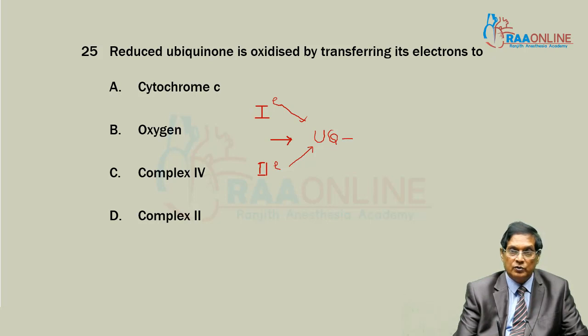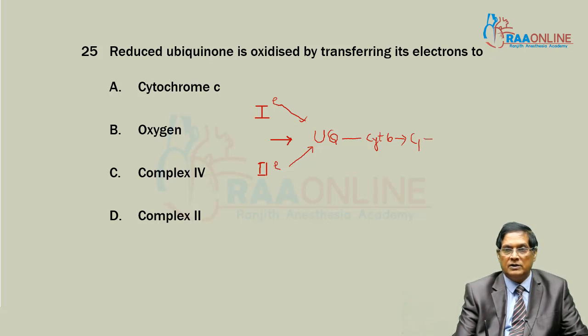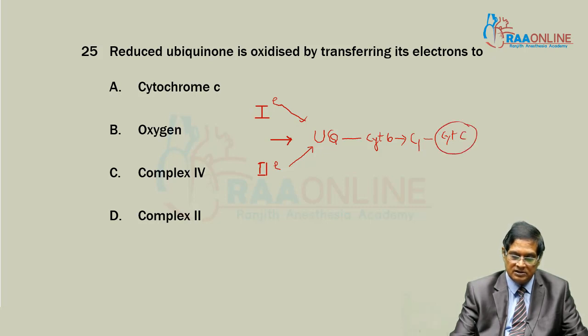Then UQ transfers them to complex number 3, that is first cytochrome B followed by cytochrome C1, B to C1. Then cytochrome C is there and it transfers them to A, then finally A3.